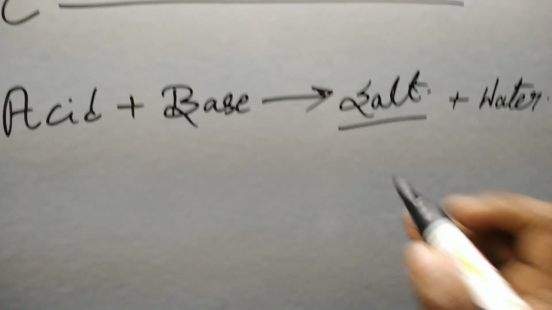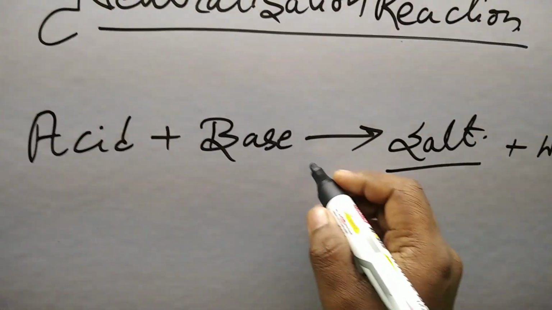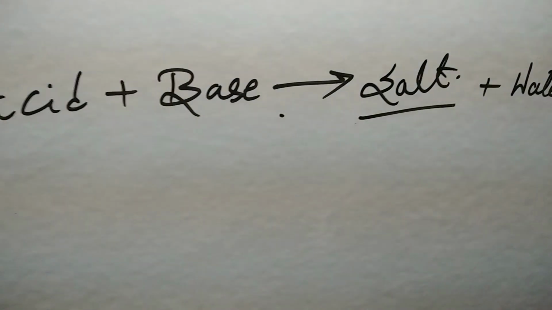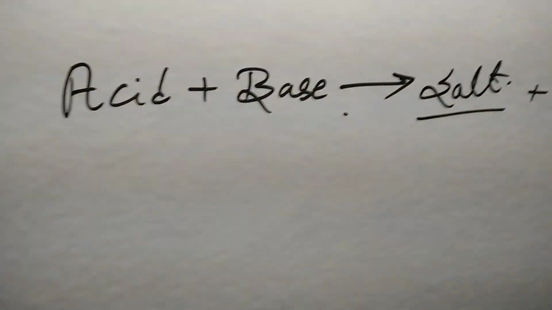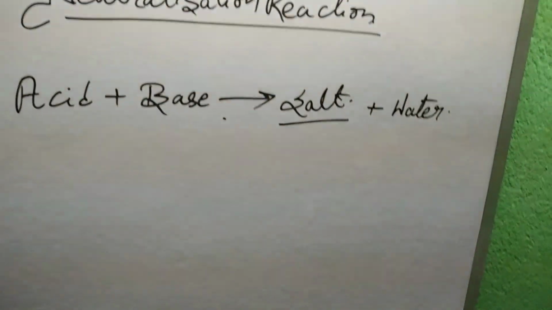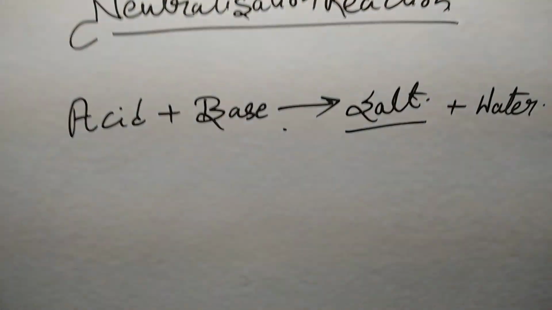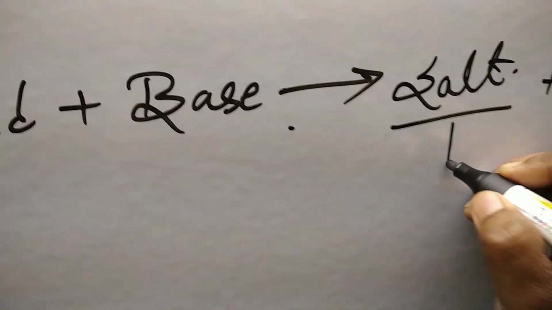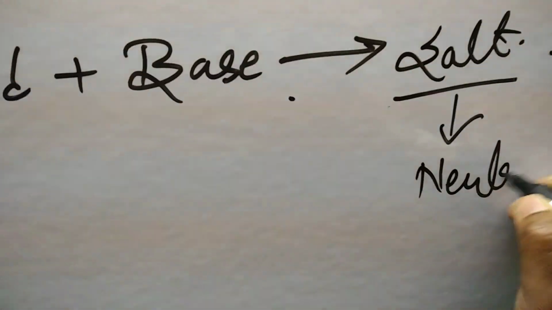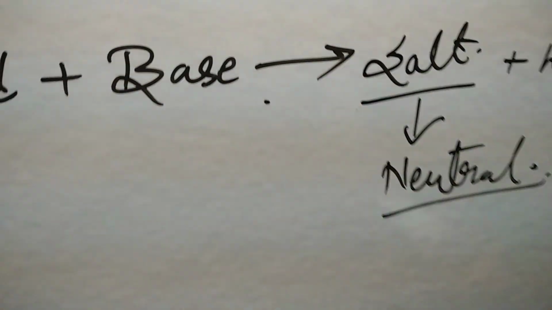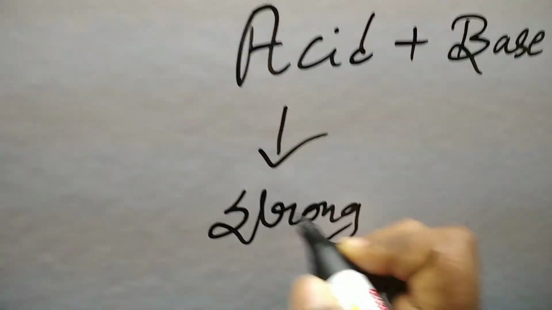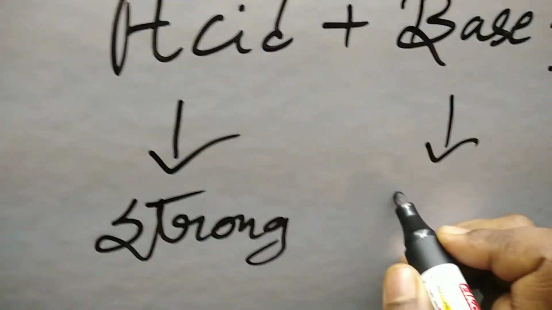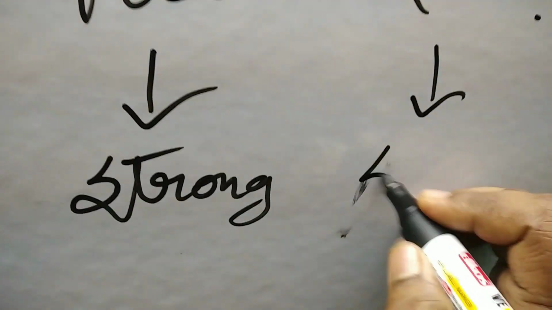See students, here we use this arrow sign. Why? When acid and base react and form a salt, it should be a neutral salt. When will the salt be neutral? When the acid and the base both are strong.